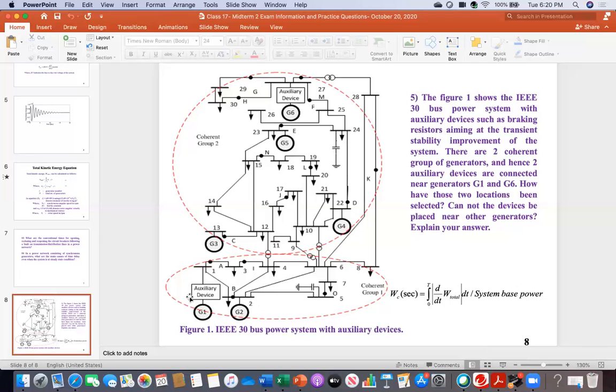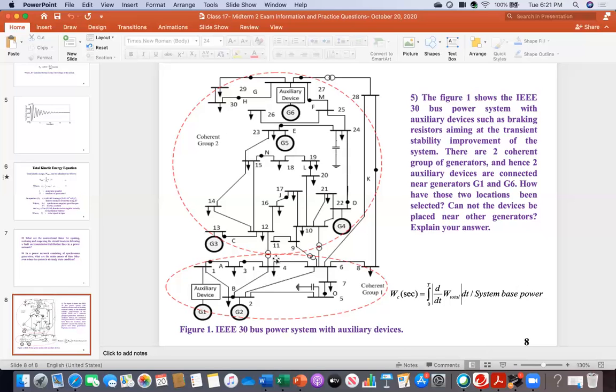And then the bottom two generators have other, but similar, characteristics. So in that way, we have clustered or grouped together two sets. That is fine. And hence, two auxiliary devices are connected near generator G1 and G6. Now, for example, this is one coherent group. So the region of coherency is system reduction, so that you don't need to put one control device at each and every bus.